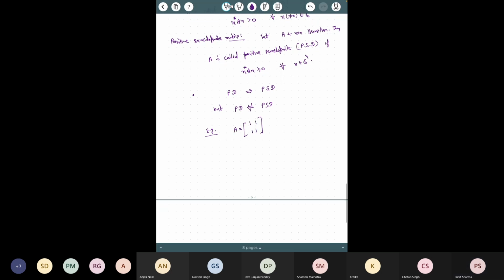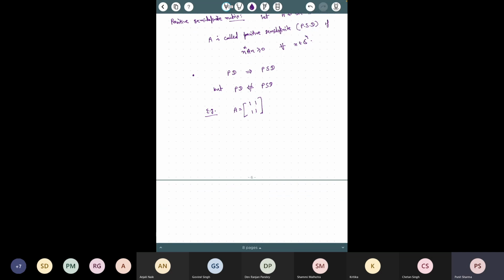We first want to check whether this A is PSD or not. So far we just know the definition, so we need to see what happens when I calculate x star Ax for any given x. Can I say that it is always greater than or equal to 0?